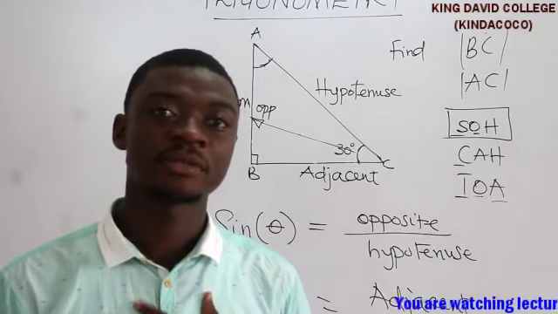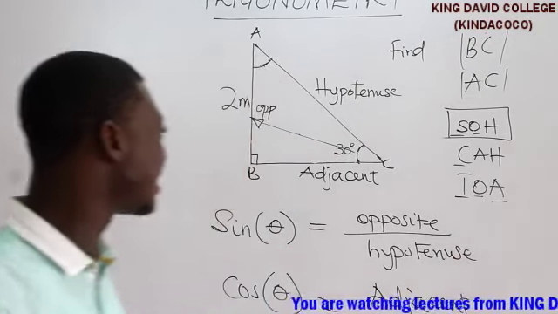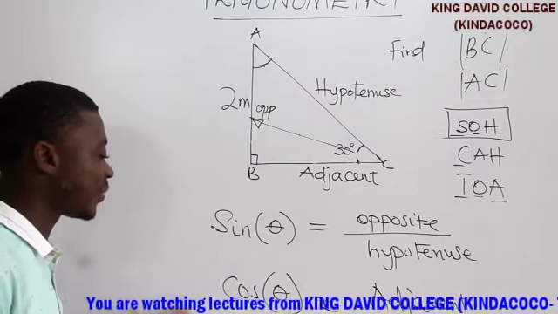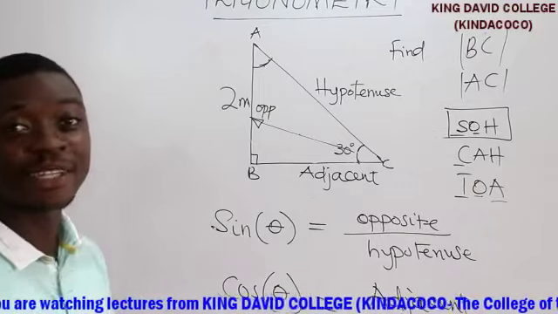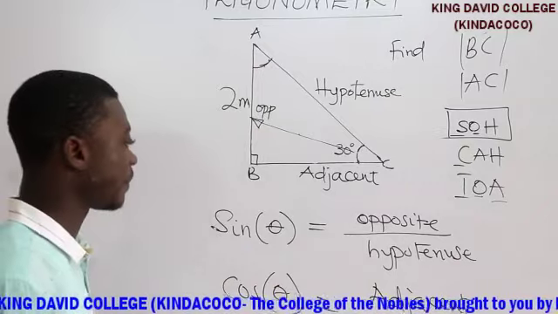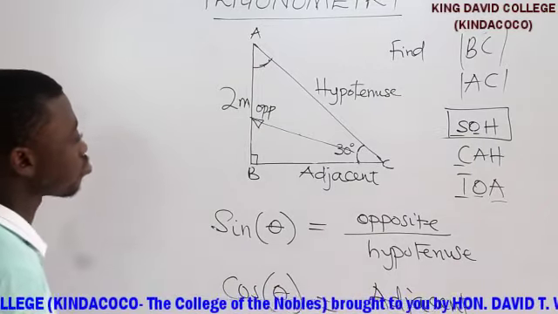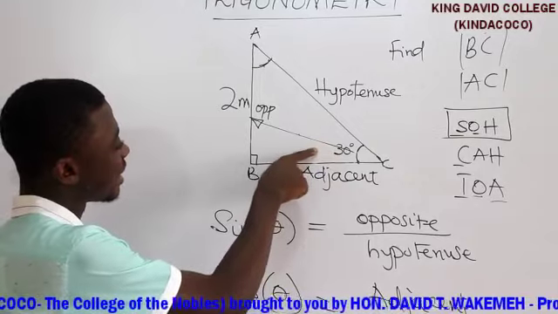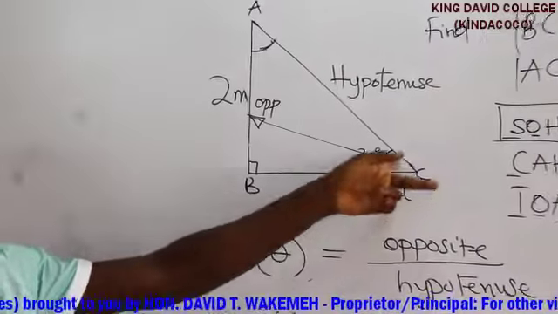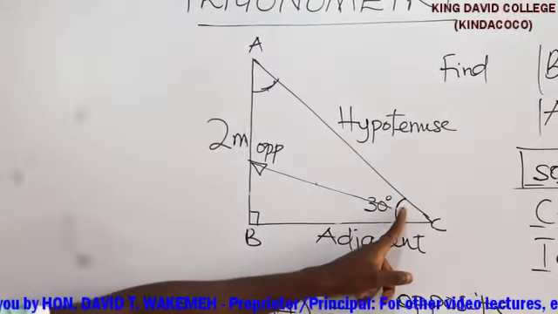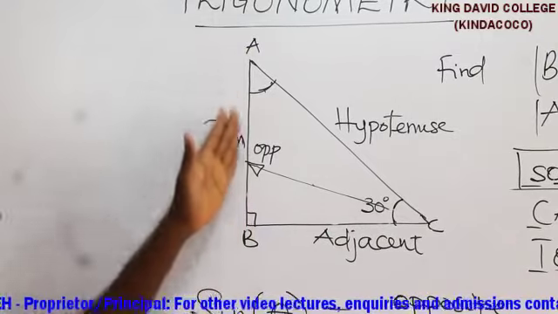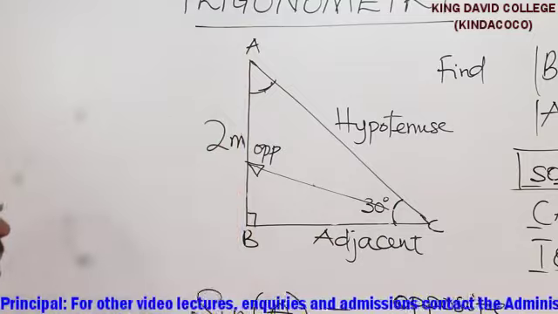For instance, let's look at this question we have now and see which of the three ratios is going to be easy. When I pick this question, we established that per the position of the angle, the opposite is AB.